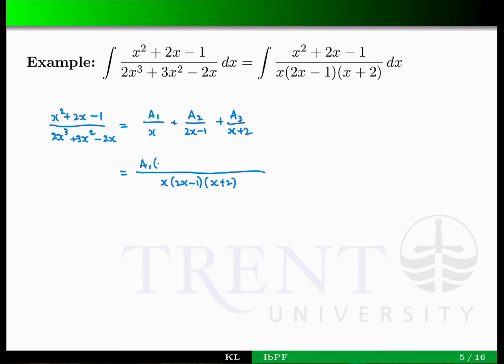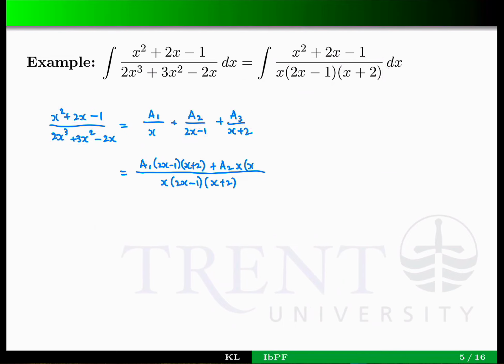You will have here 2x minus 1, x plus 2, plus, next, for A2, since the denominator of A2 is 2x minus 1, you will have to multiply your A2 with the other denominators here.